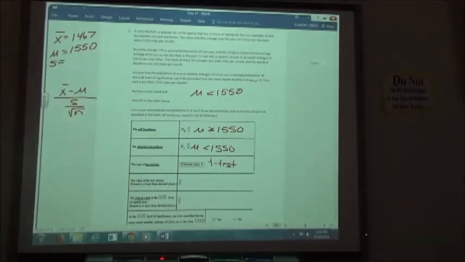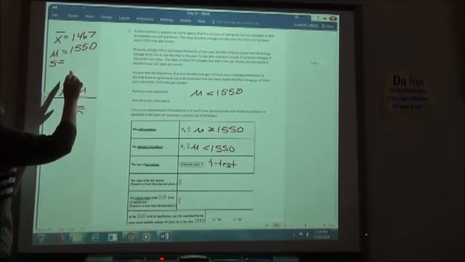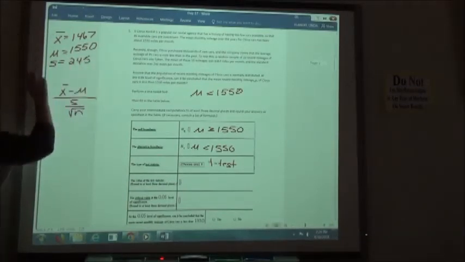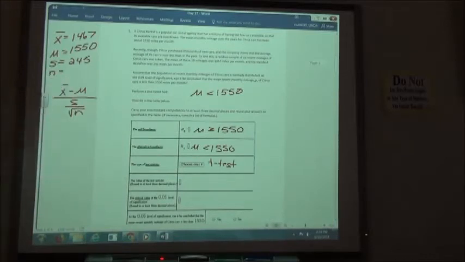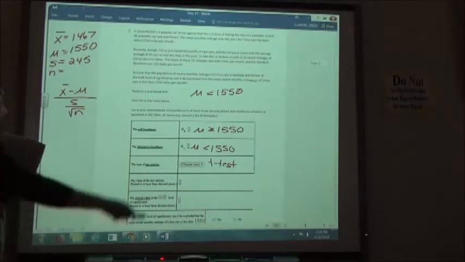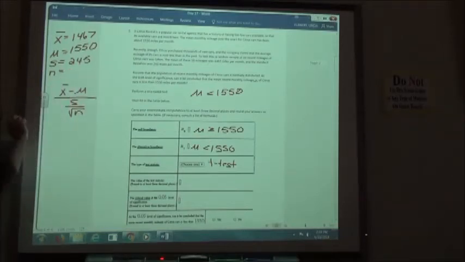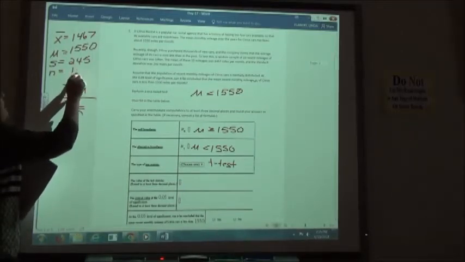Our sample standard deviation is 245, and then n. How many cars did we sample? How many mileages did they test? 10. There's only 10 there, yep.